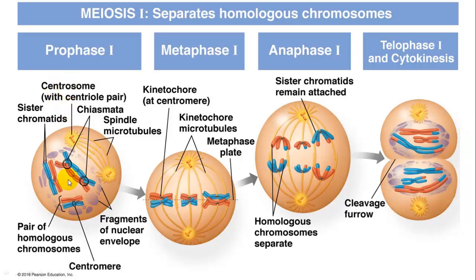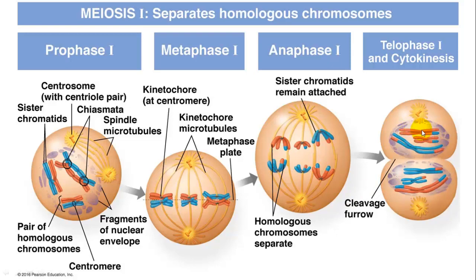Okay, so just briefly, in meiosis 1, in prophase, you have the nuclear envelope disassembling. You have homologous chromosomes lining up, going through synapsis and crossing over. They then line up on the metaphase plate, and rather than the sister chromatids lining up individually, the homologous chromosomes line up together, and then they are separated so that each new cell has 2 sister chromatids.